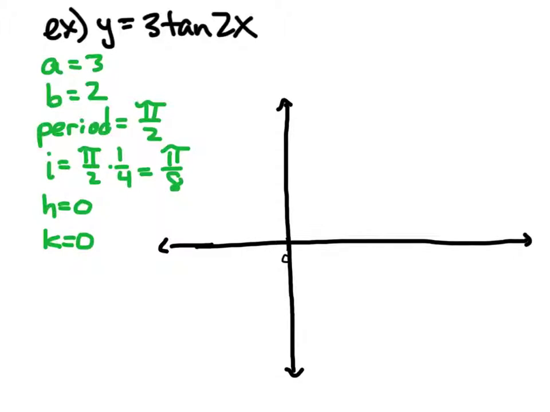Now, my vertical asymptotes. There'll be 2 increments to the right and 2 increments to the left. So 2 increments to the right, I draw a vertical asymptote, and 2 to the left.